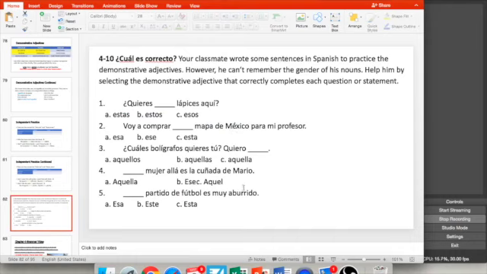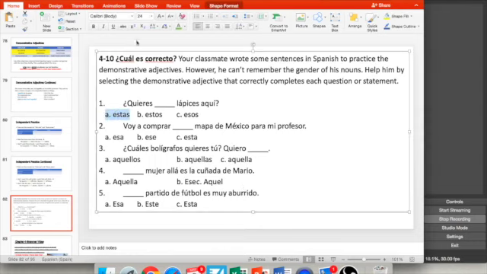Something that you might see on my Spanish lab this week or maybe on a test looks like this. And again, remember you have to make these agree with gender and number with whatever they precede. So number one, ¿Quieres blank lápices aquí? Do you want blank pencils here? Well, think about lápices, which are pencils. Pencils, lápices, are masculine and they're plural. So I can automatically chop off estas because it's feminine.